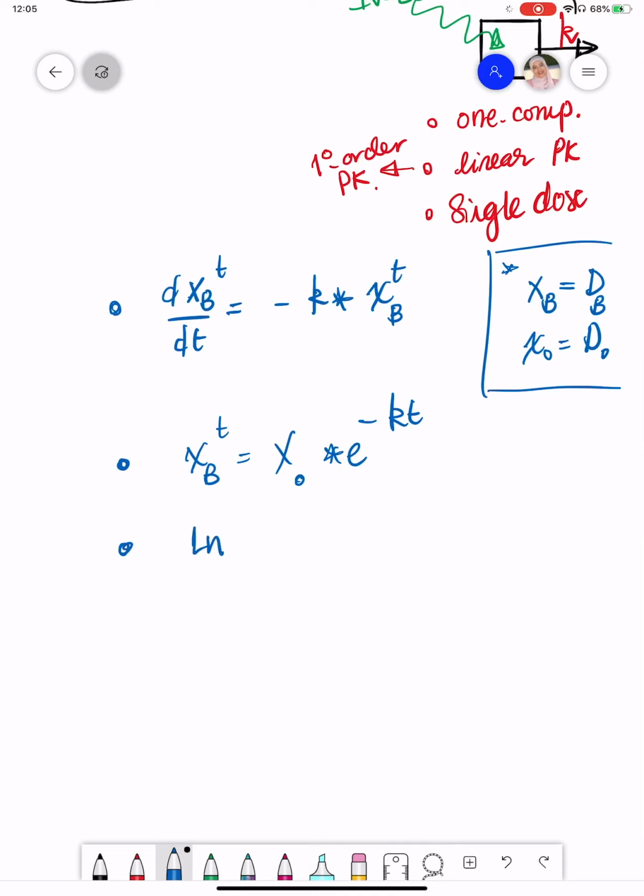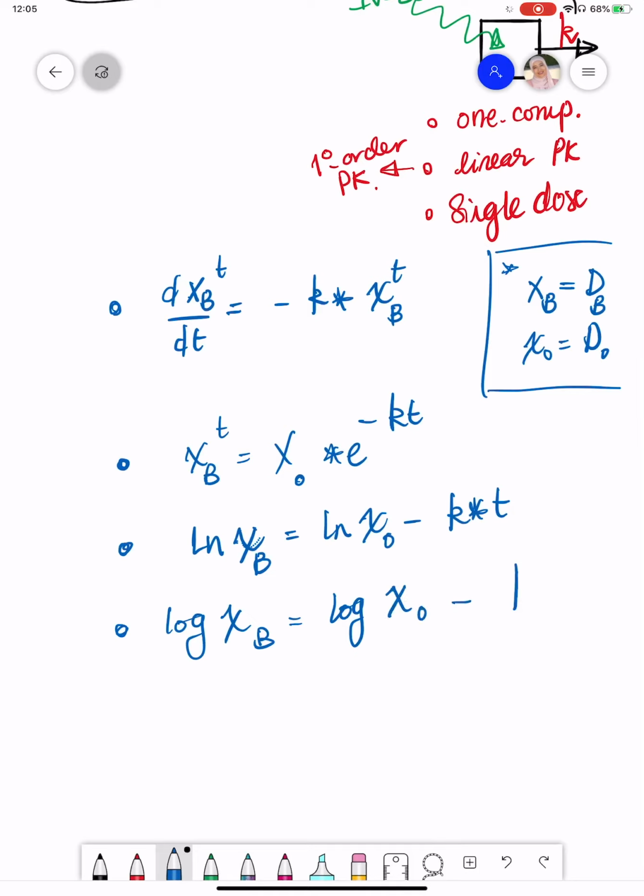We may have it in ln terms, multiplied by the time, or in log terms, log X node minus k over 2.303 multiplied by the time.